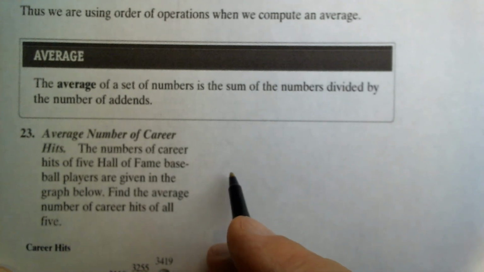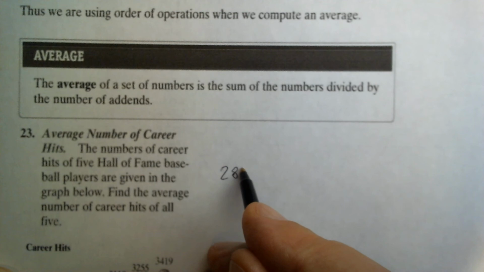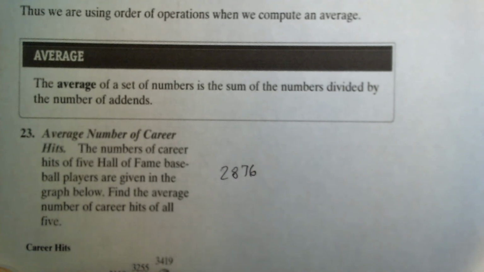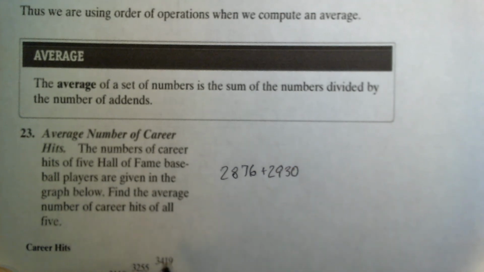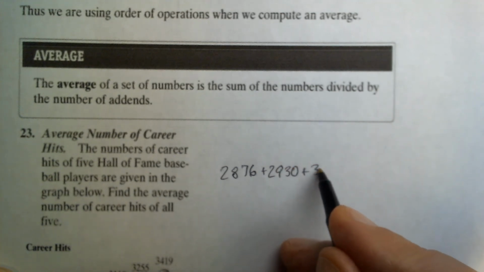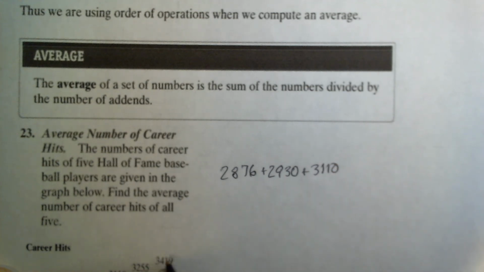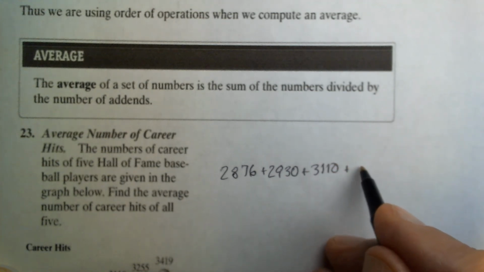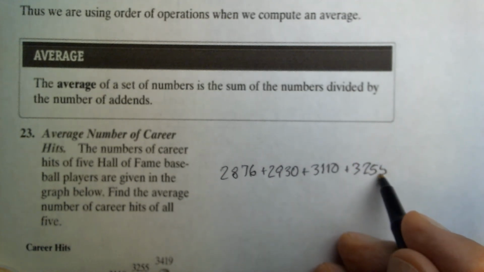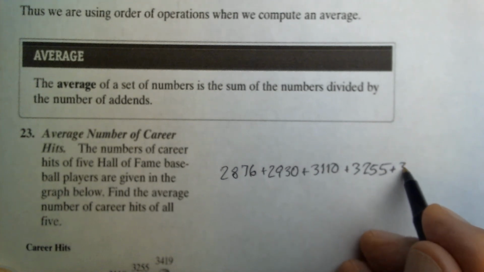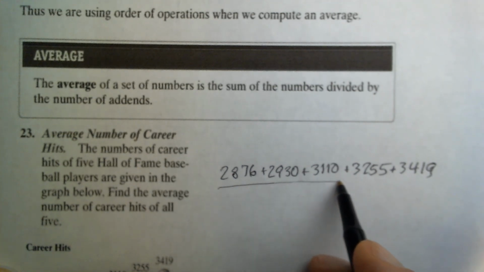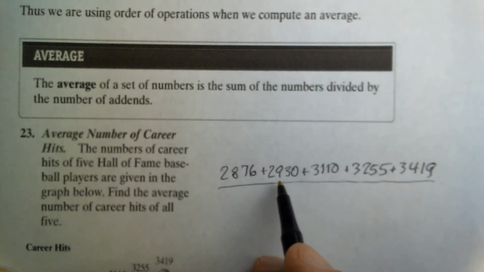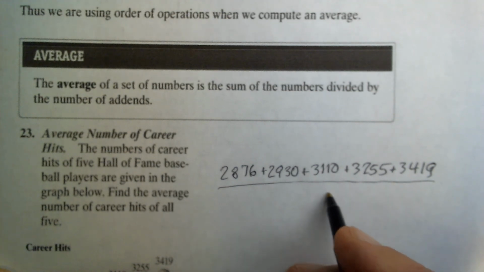So we have 2,876 plus 2,930 plus 3,110 plus 3,255 plus 3,419. And so we divide that by the number of addends. So we have 1, 2, 3, 4, 5.